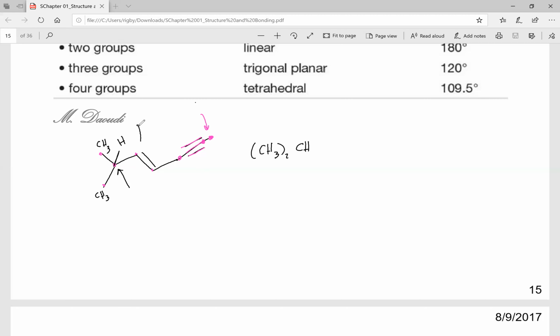Okay? And this guy, oh, this is also a CH, because again, hydrogen bonds. And then this one's a CH. Okay?